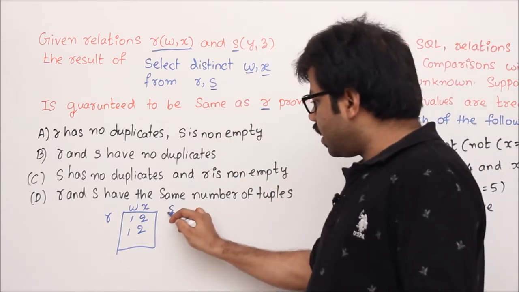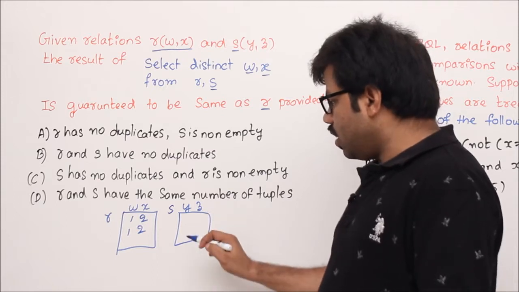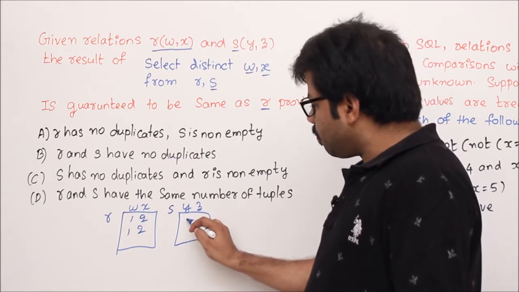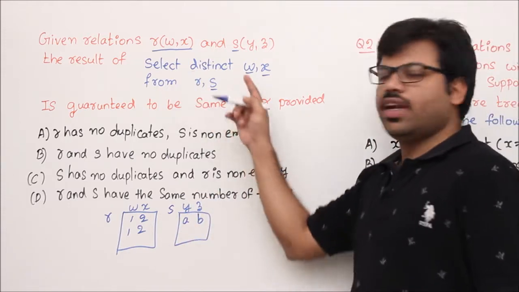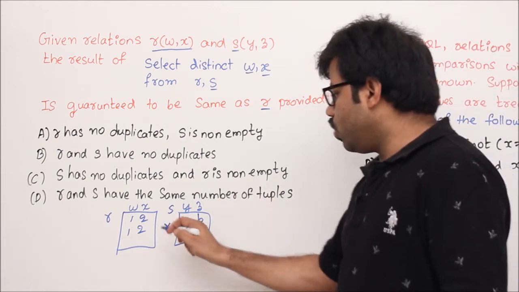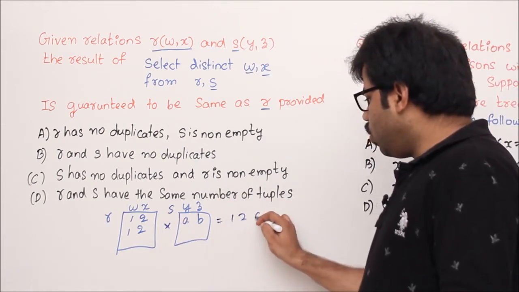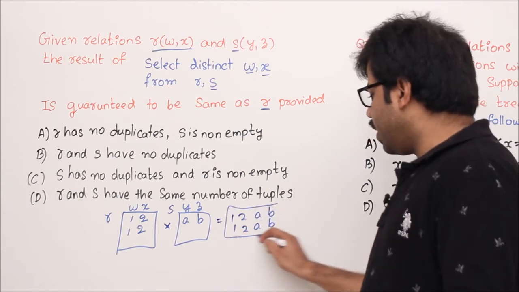Let's take S as Y, Z, but for these YZ values I take only one combination, A, B. Now we know how to evaluate this query from R, S. That means a Cartesian product will be done. If you do the Cartesian product, you get 1, 2, A, B and 1, 2, A, B. So two tuples will be printed.